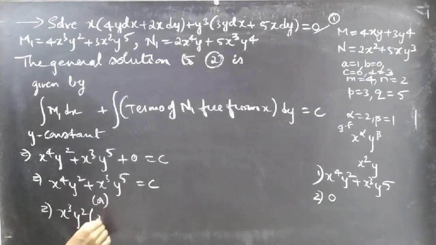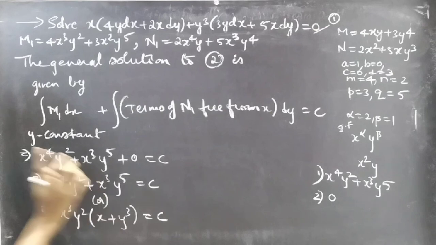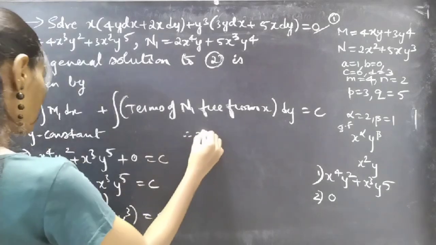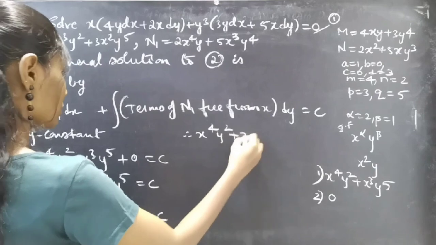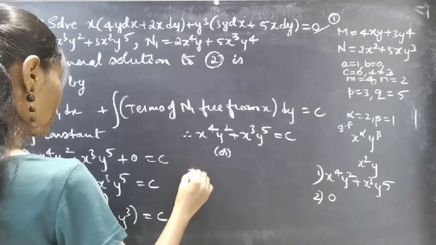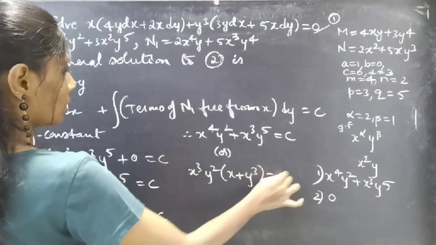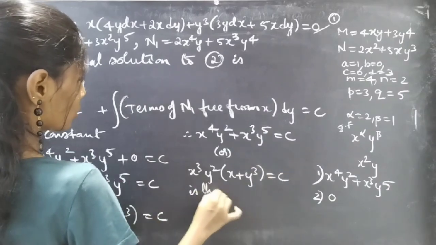Then you'll get x³y²(x + y³) = c. See, x³y² into x gives x⁴y², plus x³y² into y³ gives x³y⁵. Therefore, x⁴y² + x³y⁵ = c, or x³y²(x + y³) = c is the required solution to our problem.